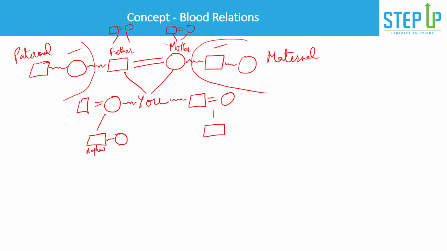Basically, your sibling's daughter is your niece. Similarly from this side as well. So we are clear with uncle, paternal uncle, maternal uncle, nephew, niece, and grandparents. These are a few relations that you should know, and I'm sure all of you already know. Now let's get on to actual questions.